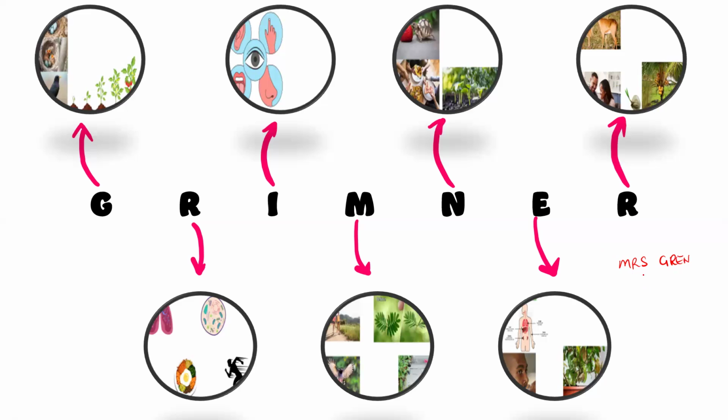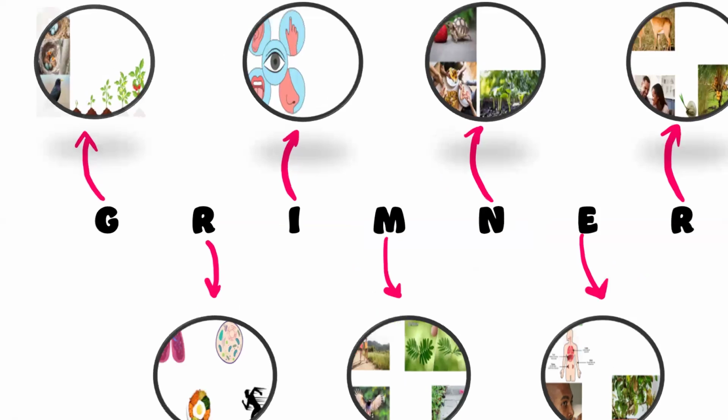One of the things you'll notice, there's no S in Grimner, and there's no I in Mrs. Gren. This I and this S is the same thing, but there are 2 words that could be used interchangeably. So when we get to that, I'll show you what the S word is, since we're using Grimner as our acronym. So let's jump right into it.